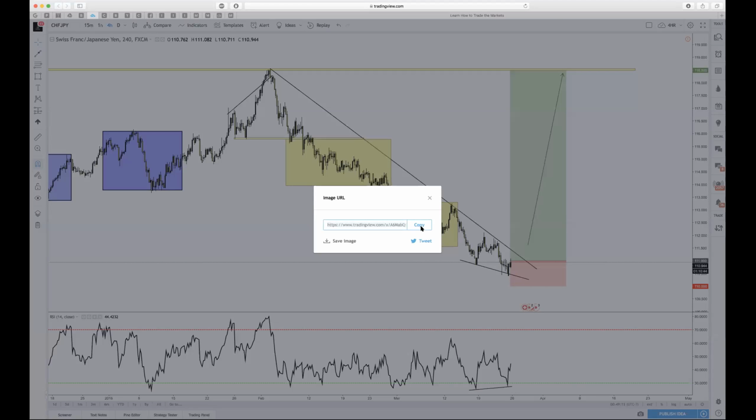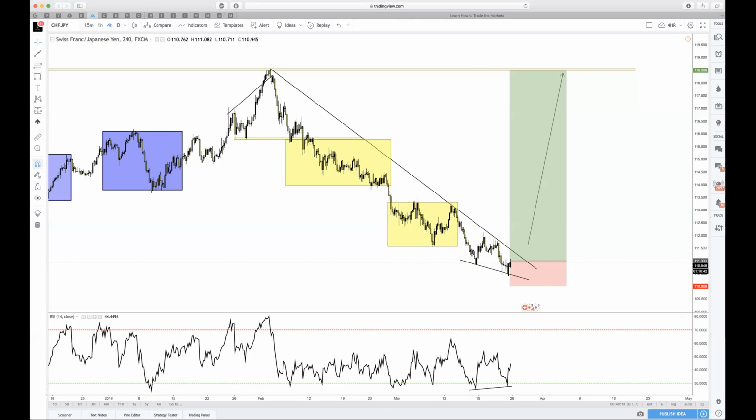So copy. Stop loss is 110.00. Take profit is 118.500. Done. Okay, now my stop loss is gonna be 110, take profit 118.5.